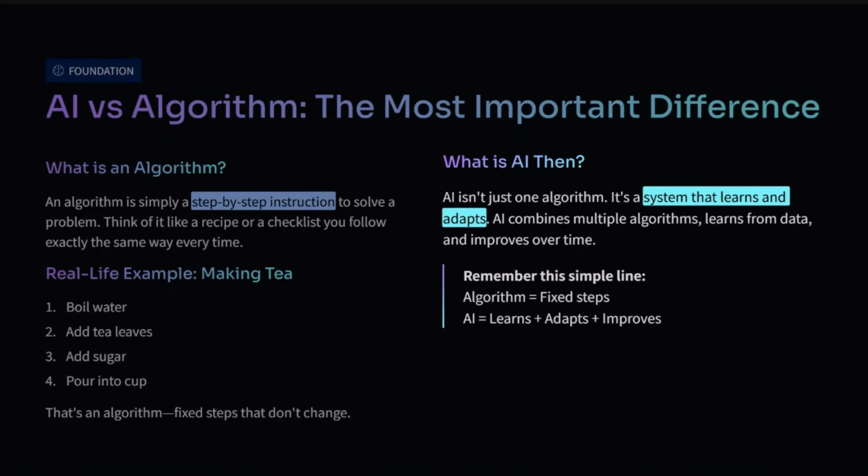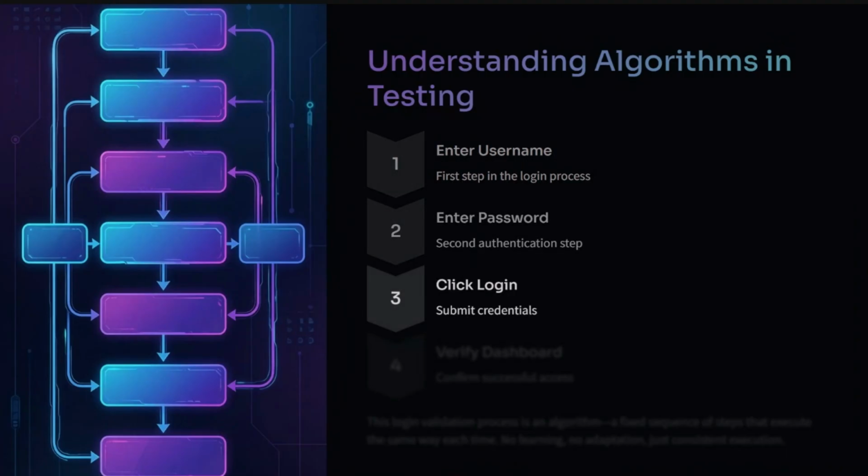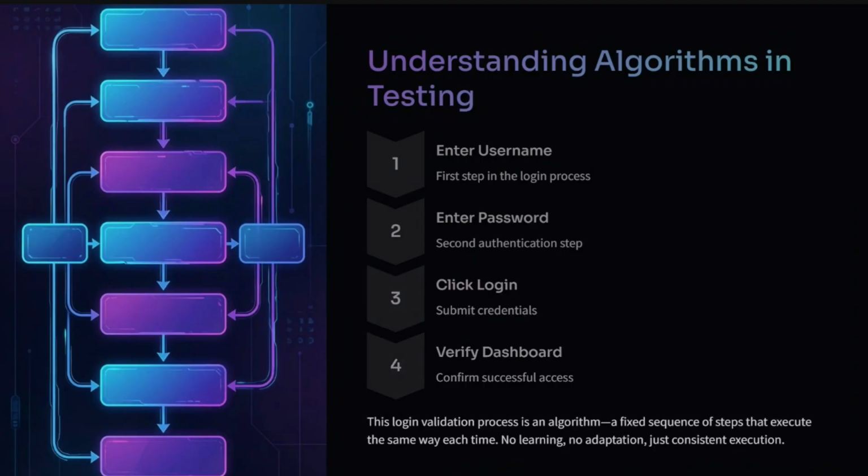If you are an automation tester, let's suppose I want to test the login functionality of a page. We enter the username, enter the password, click on login, and verify the dashboard. That is an algorithm, a step-by-step instruction we can use to test the login functionality, which is the feature we are testing. But AI is beyond that.